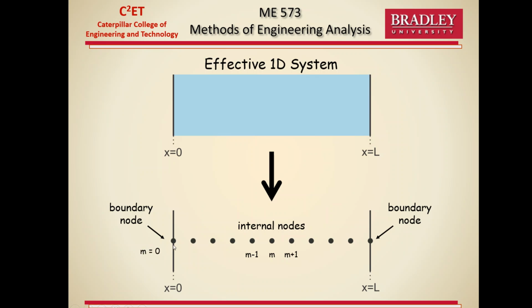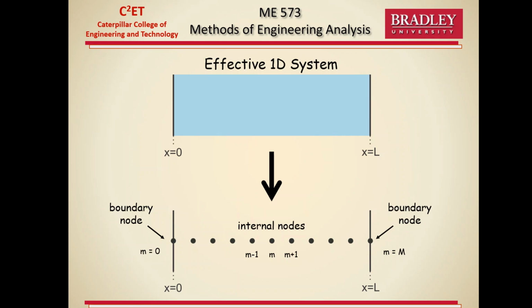If that's the case, then the left-hand boundary is the m equals 0, the 0th node. So we're going to apply m equals 0 to the left-hand boundary. And however many total nodes there are, we're going to let the node out here at the right-hand boundary be the capital M node.